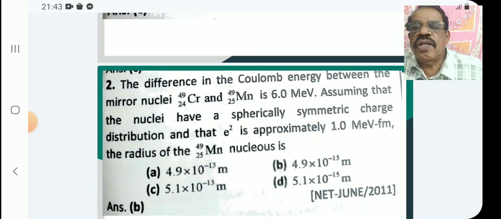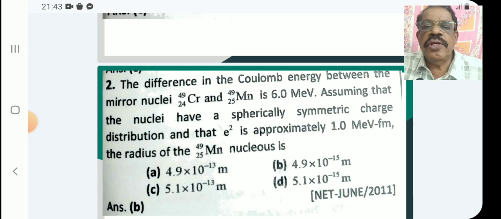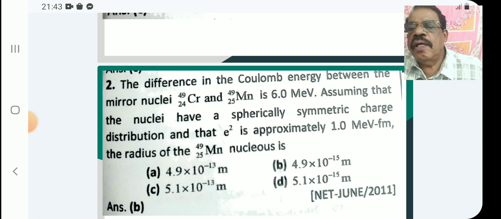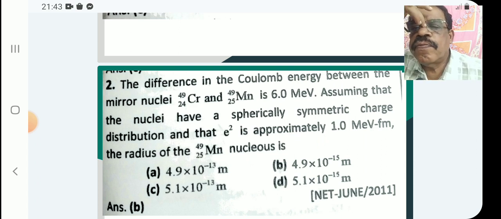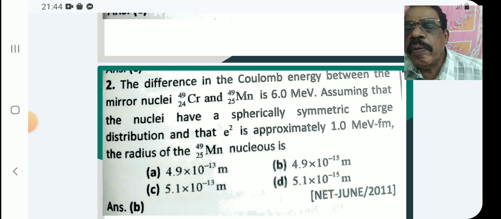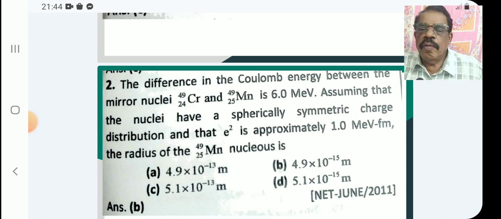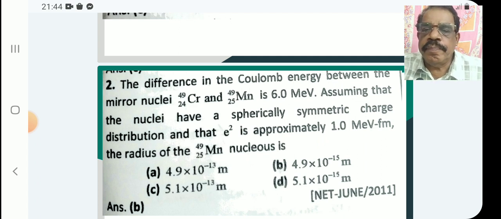Next question, the difference in the Coulomb energy between the mirror nuclei 24 chromium 49 and 25 manganese 49, mirror nuclei, they are isobars, the same mass number, different atomic number, is 6 MeV.